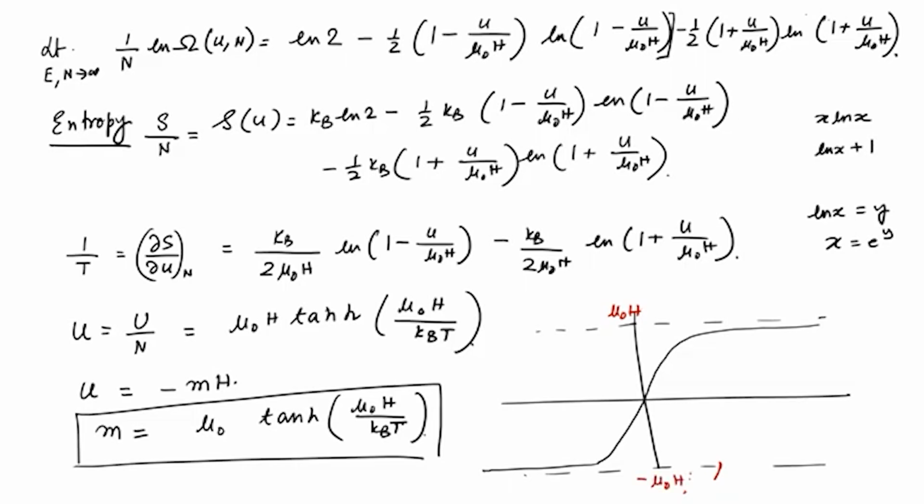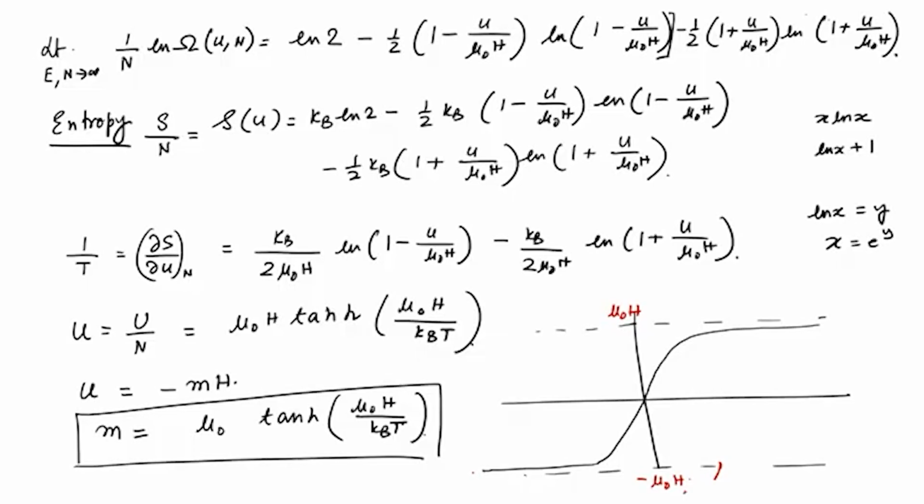So what it means is that when the magnetic field is large, the curve is gradual, like the one shown above. When the magnetic field is large, all the spins are pointing in the direction of the field, which means the energy will be minus mu 0 h per particle.